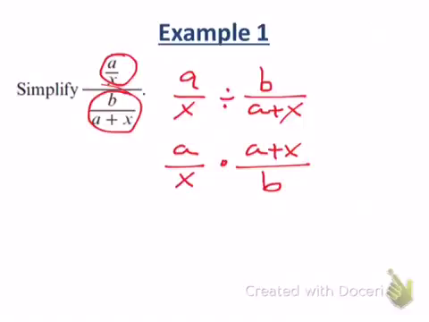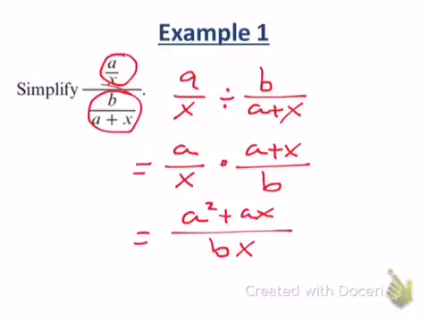And how do you multiply fractions? Top times top, bottom times bottom. So a times a plus x is a squared plus ax over bx. At this stage, because we're multiplying, you could cross-cancel any common factors that you had, but we don't have any common factors between numerators and denominators.